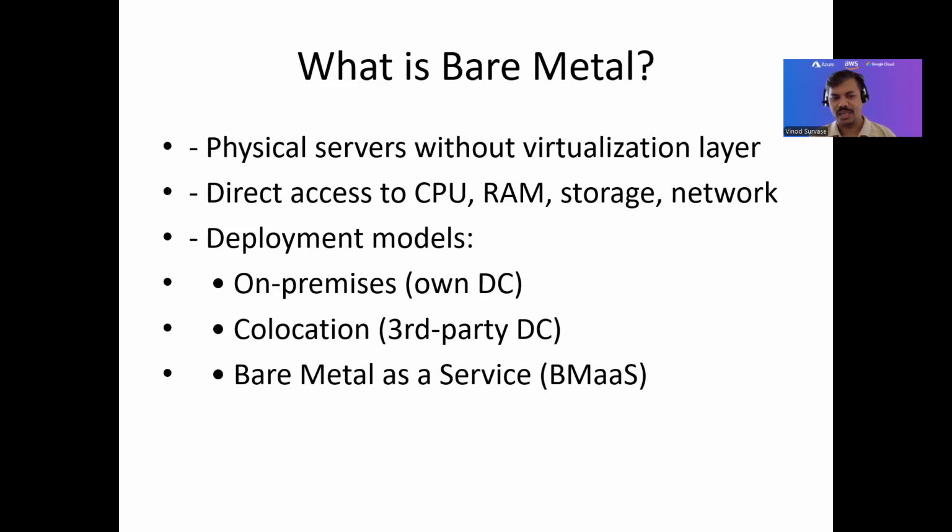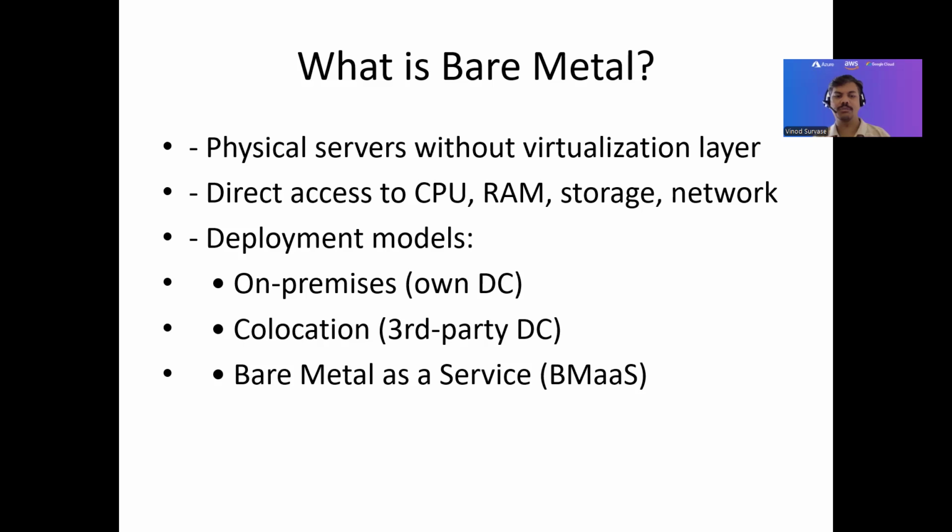And the very important part of this is the deployment models, including on-premises, which is of course our own data center, and co-location. It's of course with the third-party providers, like maybe there are so many data center providers in India as well as the global locations, and those companies would give their data center services to companies or businesses.